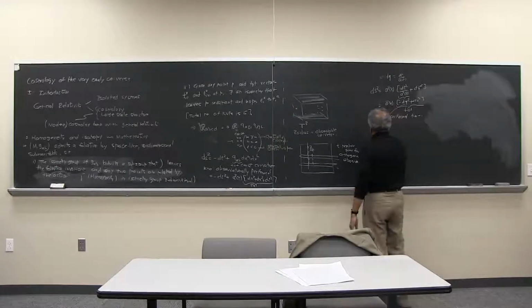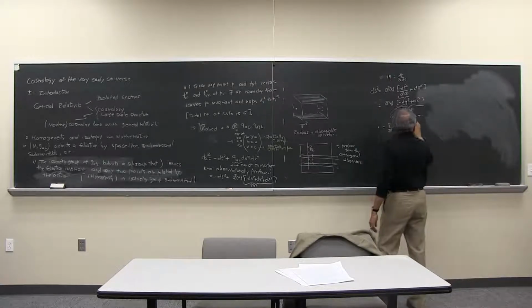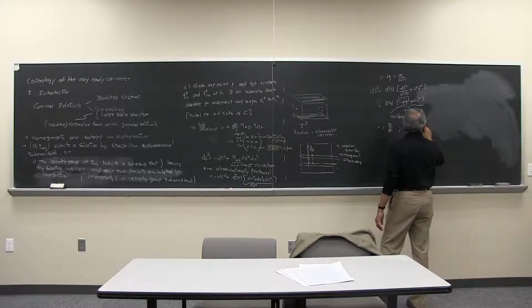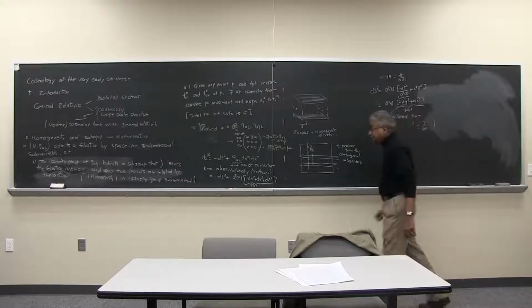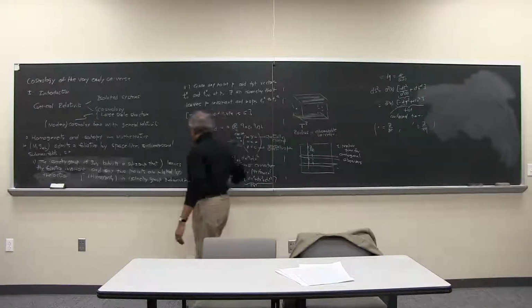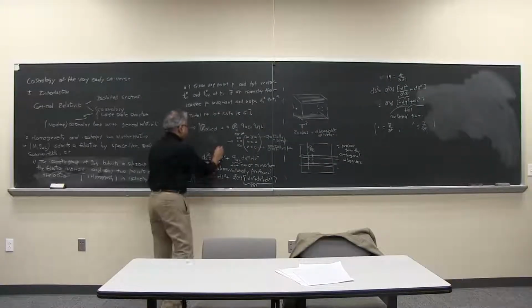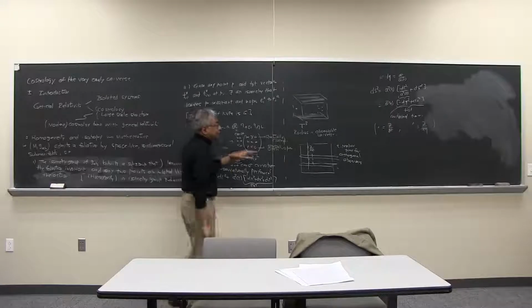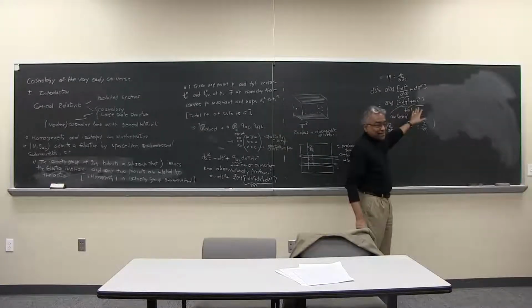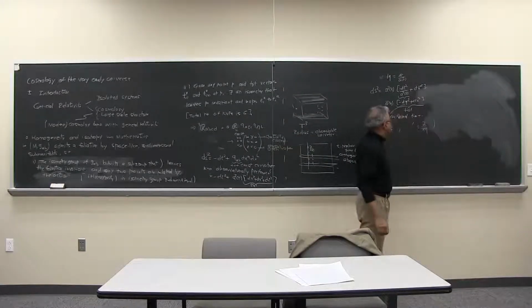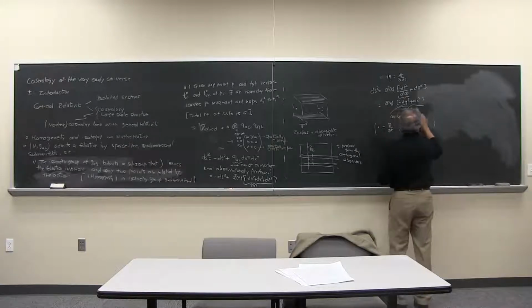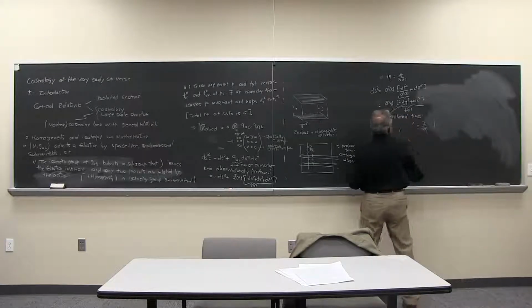In the literature, dot stands for d by dt, and prime stands for d by d eta. That seems to be a pretty universal convention. Sometimes the proper time is called tau. Sometimes the conformal time is called tau. So you just have to make sure which time you're talking about. Are you talking about proper time, or are you talking about conformal time?